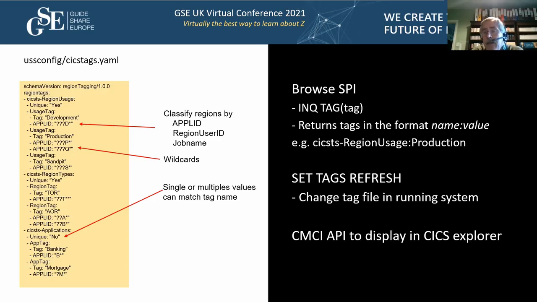And that will be displayed in the Explorer as well, so you can see a particular region and what it's used for in a new view in the Explorer. Sometimes you may need to refresh the tags because you've added new regions, or need to change things for a particular region. You've got the ability to refresh the tags without having to restart the region.